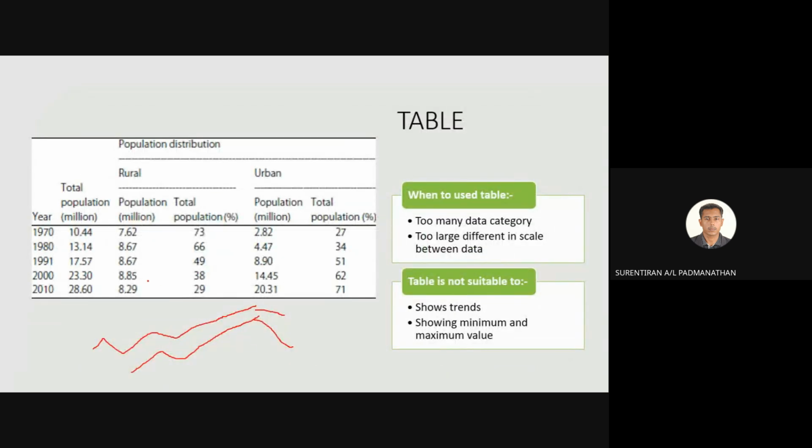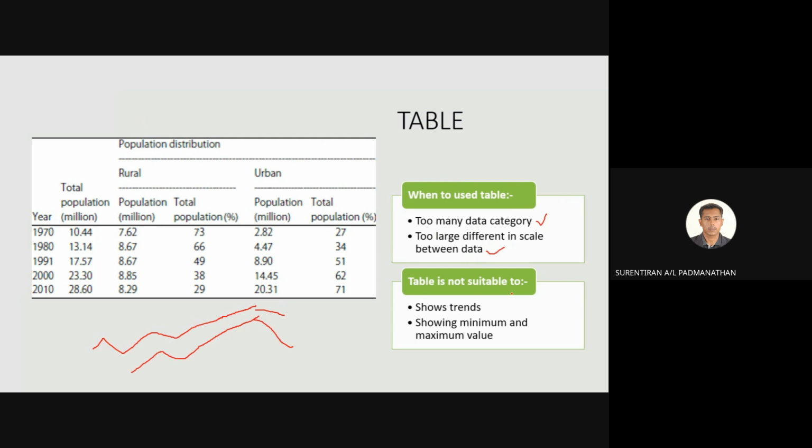So this is the table, right? This is a table. When to use the table: too many data categories, or too large a difference in scale between data. So when we have too many data categories, we can use this table, and also when there is too large a difference in scale between data.